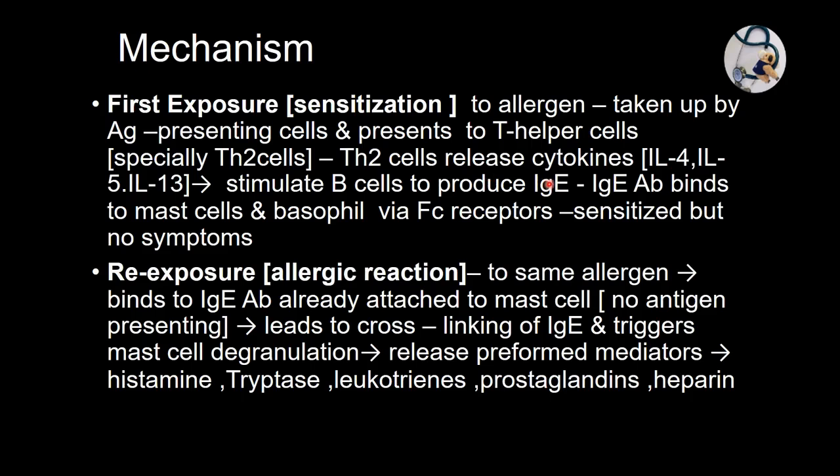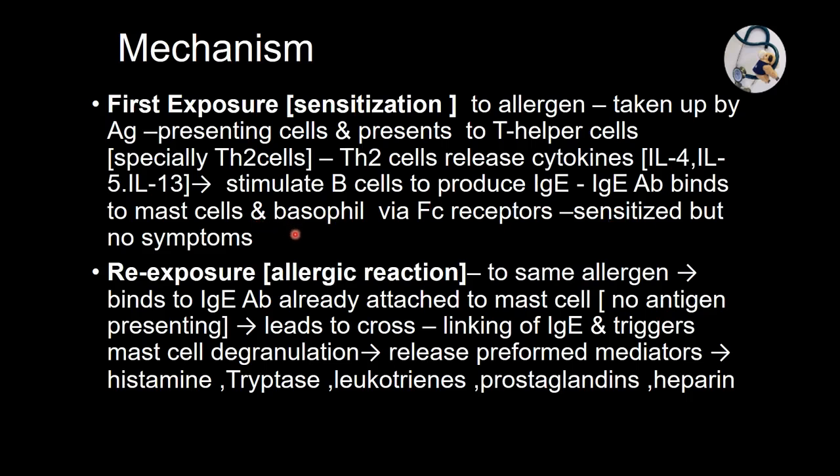Then Th2 cells release cytokines like interleukin 4, interleukin 5, interleukin 13. These cytokines stimulate the B cells to produce immunoglobulin E. This immunoglobulin E antibody binds to mast cells and basophils via the Fc receptors, and the person is sensitized.